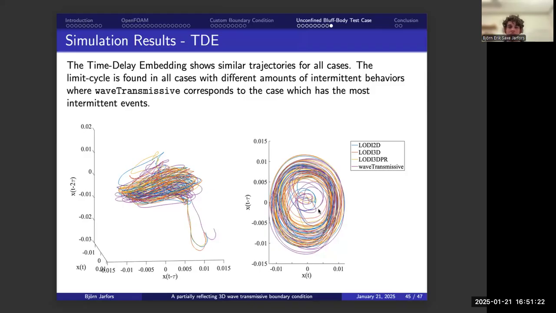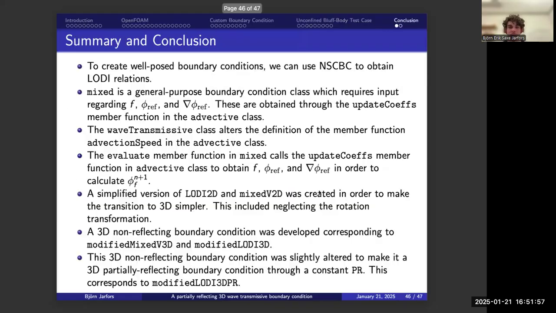It's a bit difficult to see here immediately, but you'll have to trust me when I say that wave transmissive includes more intermittent behavior than the other cases, which could be some sort of consequence of not actually treating all of the components of velocity in the right manner, so that we get some sort of weird reflections, which may be of low magnitude, but it depends.